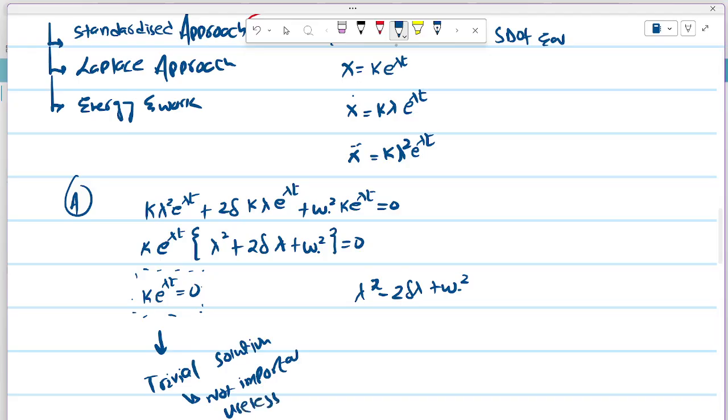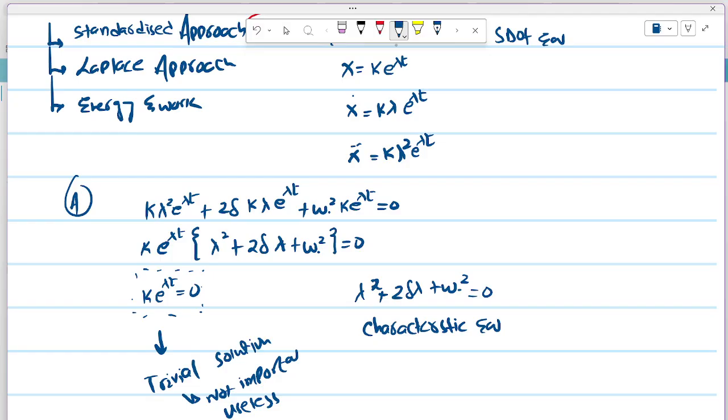We are not interested in this solution, we are more interested in finding these values. That part of the solution is called the characteristic equation, because it is determining the character of the system, or the characteristic polynomial equation.